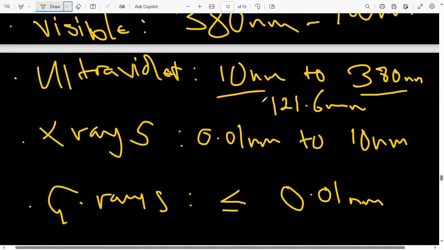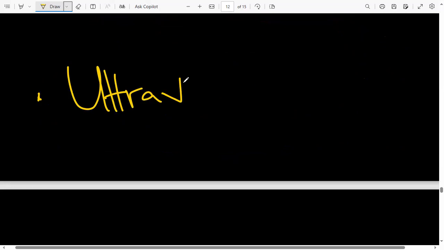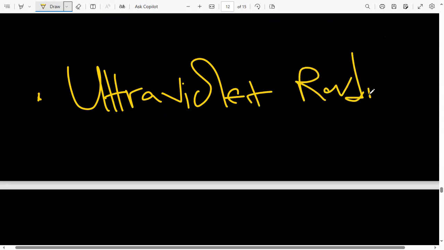We can conclude that our radiation, because the wavelength is between 10 and 380, will be ultraviolet radiation. That's the answer there.